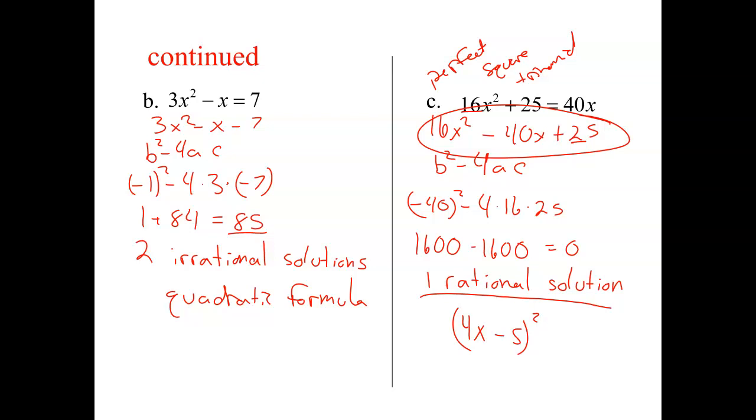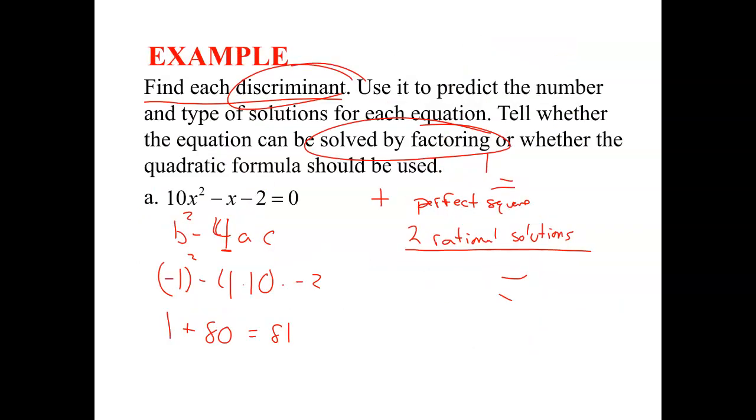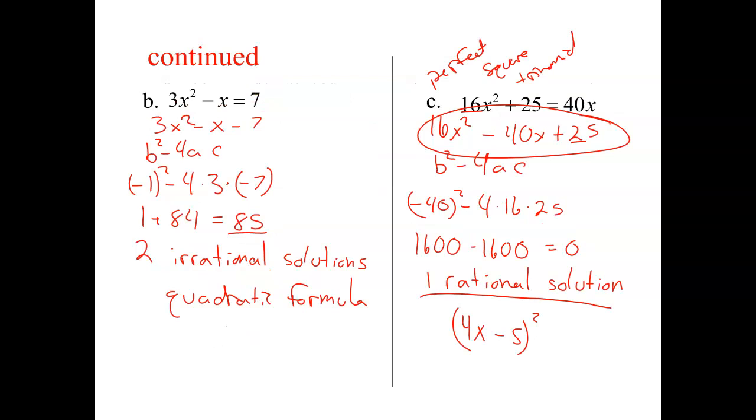So if I solve for 0, I'm going to get the same number twice. That's why there's only one solution. So that only happens with perfect square trinomials, if your discriminant is 0, it's one rational solution. And I just factored it, which means, yes, we can solve by factoring. So if you have rational solutions, you can factor. If you have irrational or complex, you have to use your quadratic formula. Okay? All right. We did it. Good job.